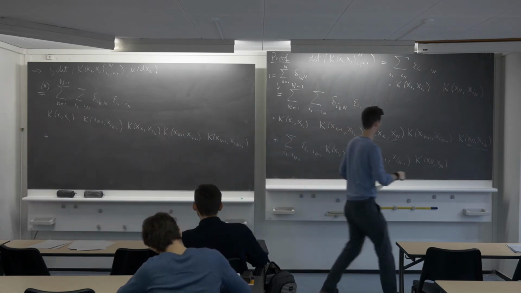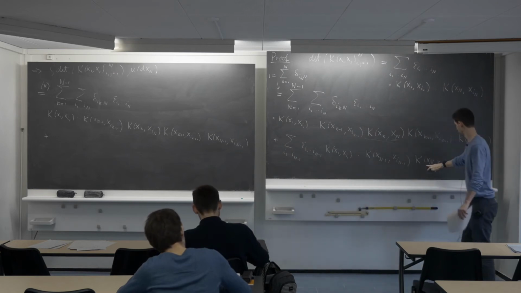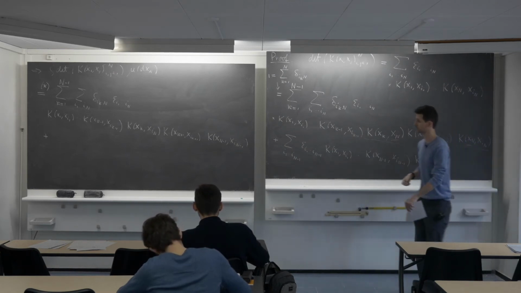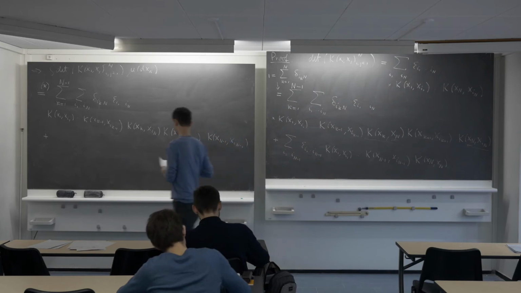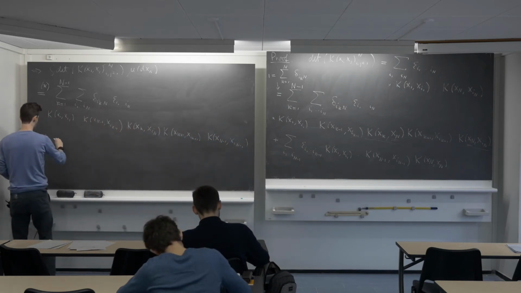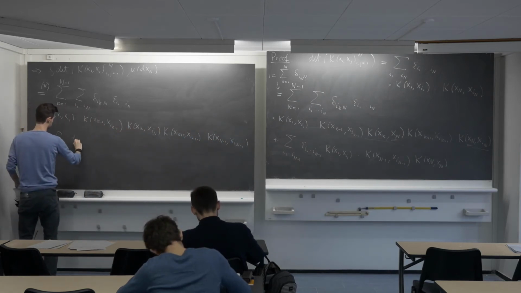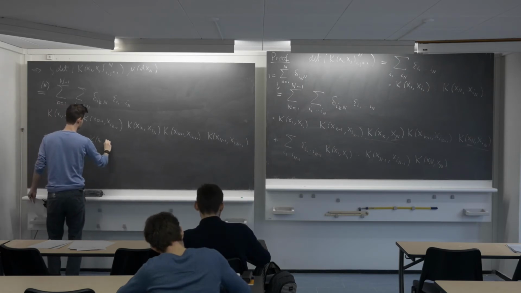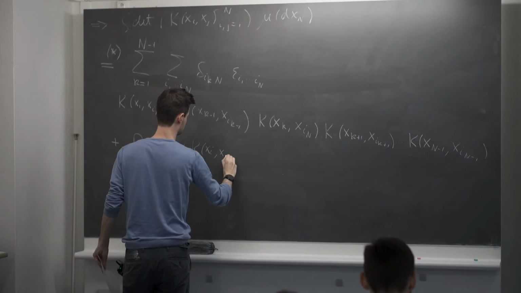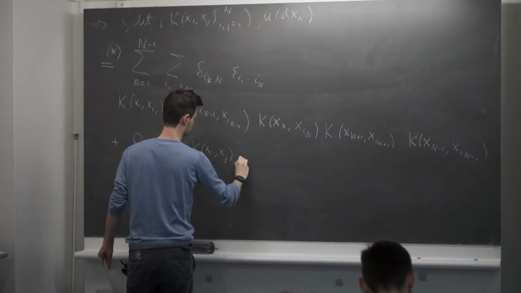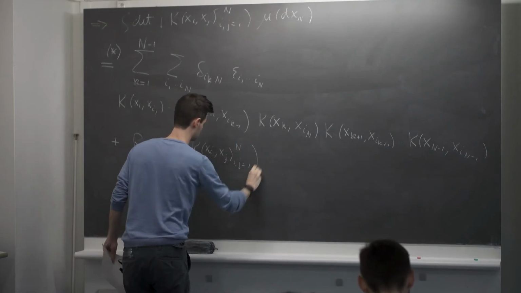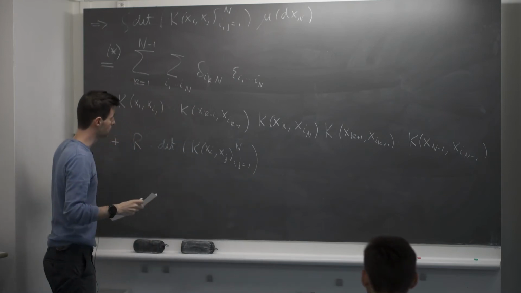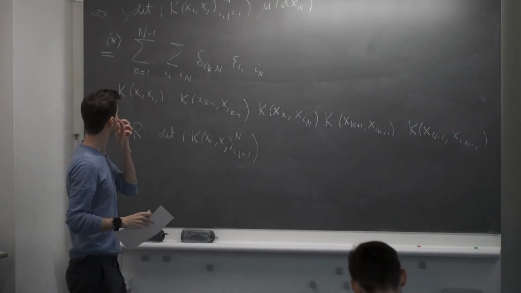So this one, integrating over xn, just gives me this factor r. And what remains is the determinant of the n by n submatrix. Okay, so we're almost done.